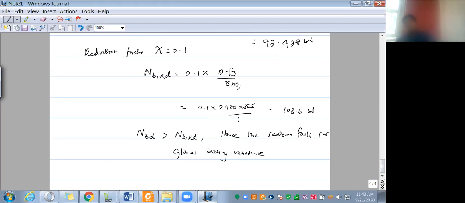Now the section has satisfied the capacity required, but it failed because this member tends to be very slender, so it has a high probability of buckling at 103.6 kilonewton. So it will never reach that N_Ed of 1000 kilonewton. So therefore we need to choose a bigger section.